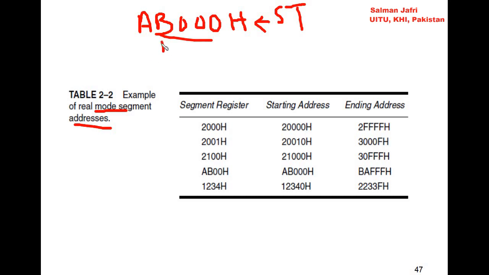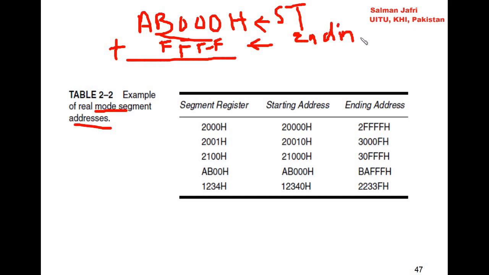We'll just add an F, which is the final value of the address. So this would be the ending address. So we can carry out the addition for that.